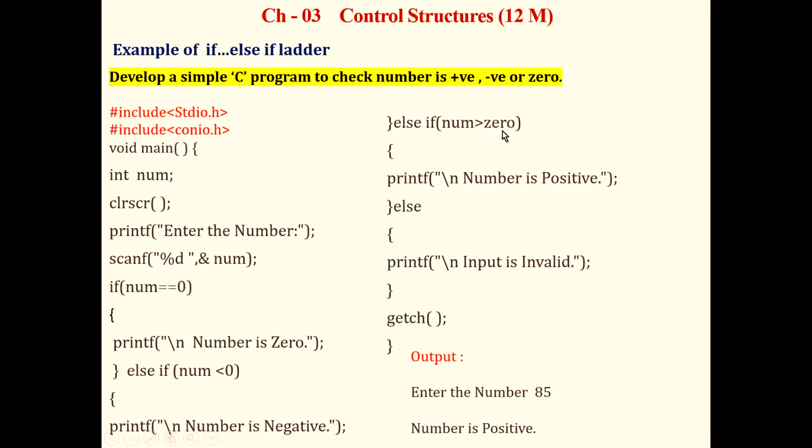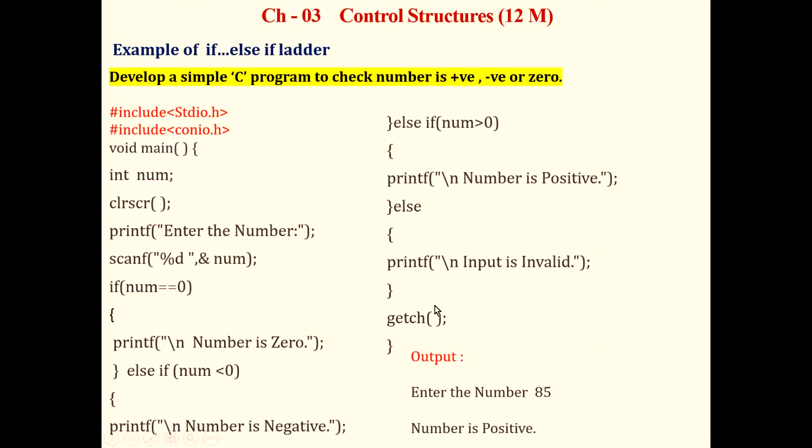So here we write 0, number is greater than 0, that time it displays the message number is positive. If the first, second and third conditions are all false, then it displays input is invalid, meaning the user did not enter a number, the user entered an alphabet.